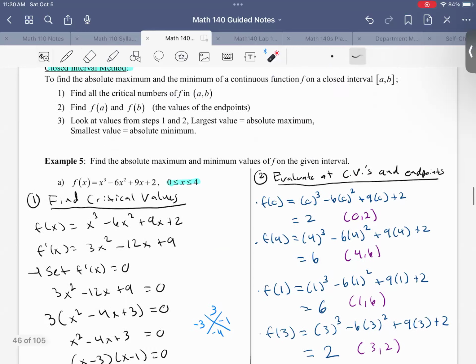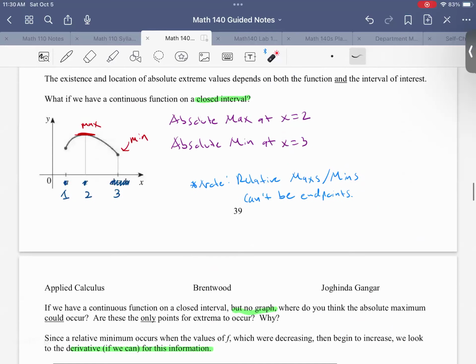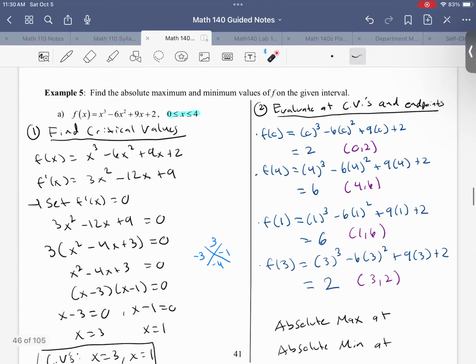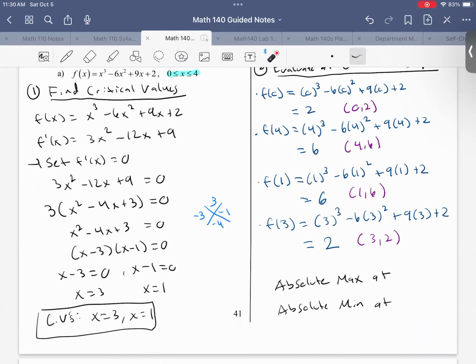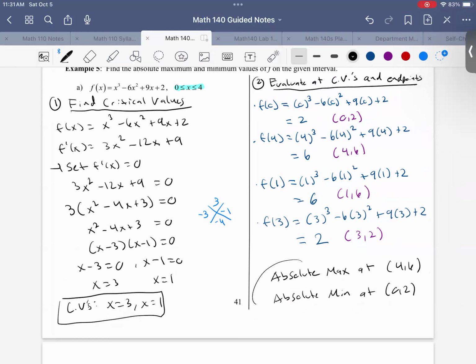What we do know from above is that relative max mins can be endpoints. So that means our endpoints need to be our absolute maxes. To finish this out, our absolute max or mins are coming at our endpoints. So absolute max at, sorry, at 4, comma 6, and absolute min at 0, comma 2.